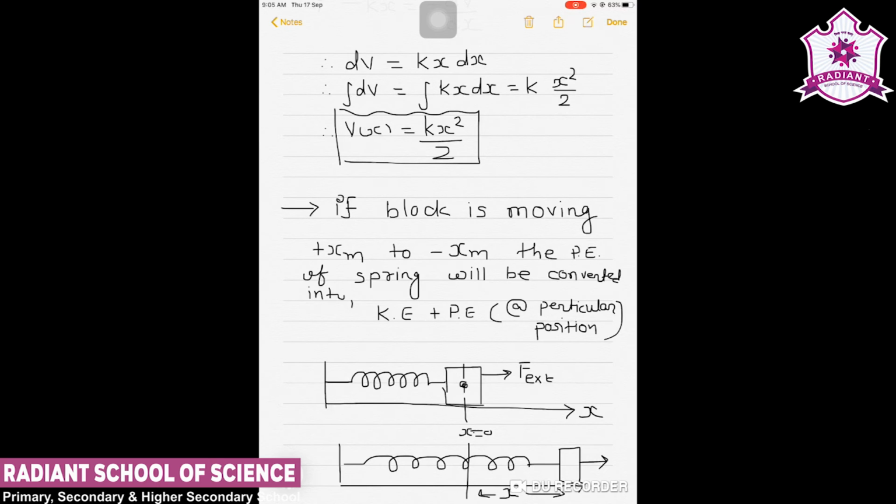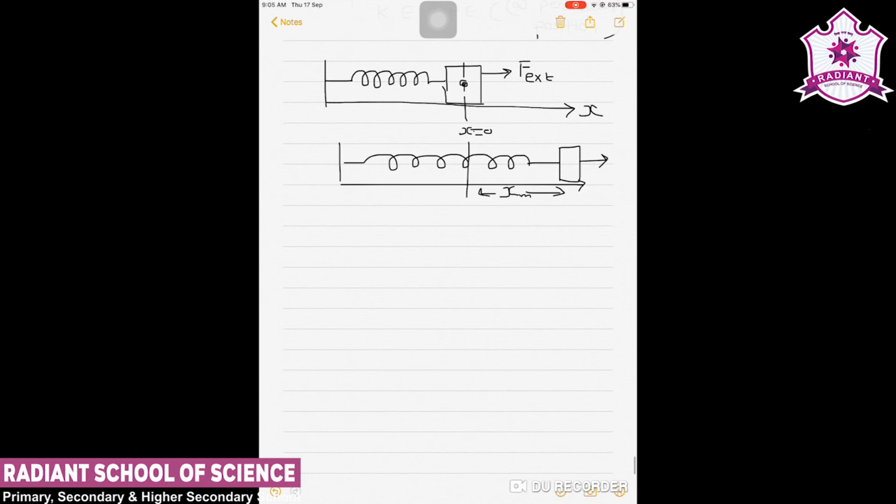Now suppose this distance is xm and then it is released. Once released, it will perform its motion in this region only, moving from one limit to the other limit.